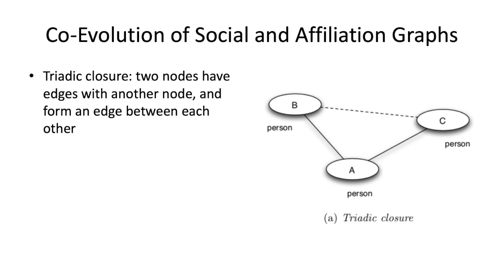So again, we've done triadic closure. Two nodes have edges with another node, and they form an edge between each other. Remember, the idea here was we're trying to describe, here's the network at time 1 with A and B connected, with A and C connected, and we're trying to say at time 2, we expect with some probability that B and C will also have an edge between each other.